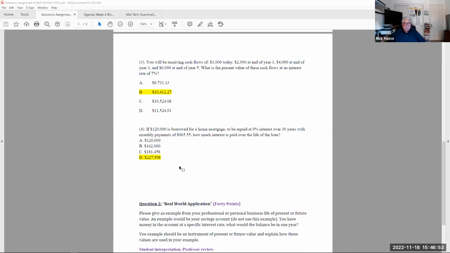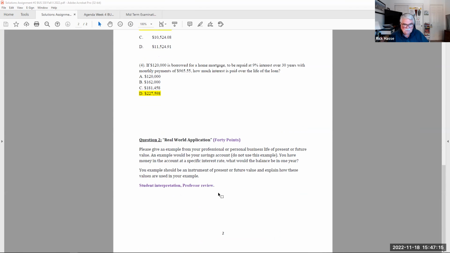All you need to do is take $965.55 times 30 years times 12 months a year, or 360, and you get the total amount of payment over time. You subtract the principal, $120,000, and that's how you get the interest of $227,598.